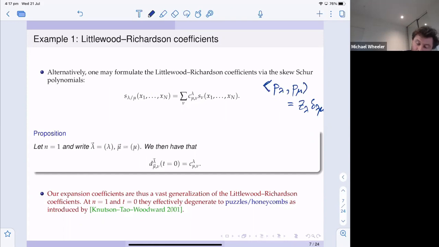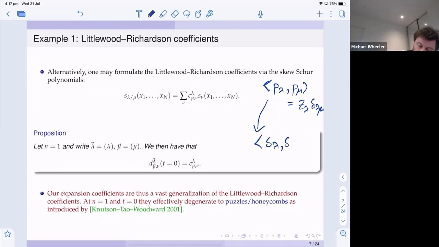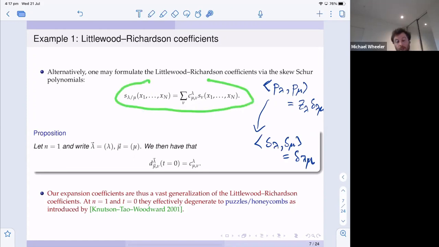Okay, so this is the orthogonality statement. And then if you apply this to the Schur polynomials, you end up with the fact that the Schur polynomials are orthogonal with respect to that inner product. And it's basically this orthogonality that ends up leading to this equivalent formulation of the Littlewood-Richardson coefficients. Okay.